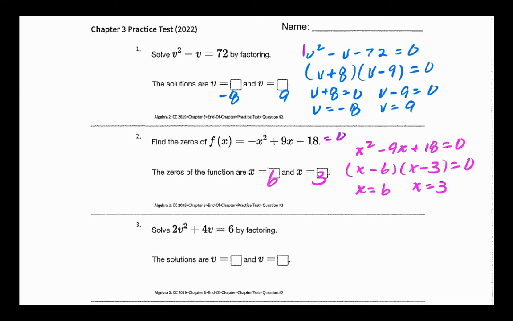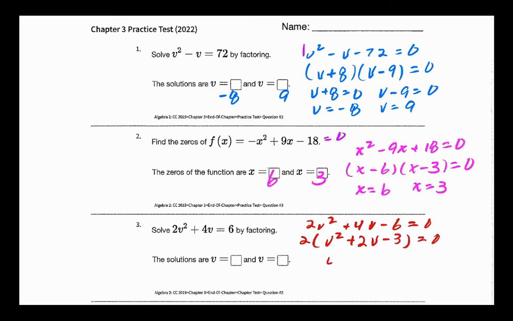On the next one here, we have 2v squared plus 4v. And let's move the 6 over and set it equal to 0. And again, on this one here, it'd be easier to factor out a 2. So when I factor out a 2, I'll have v squared plus 2v minus 3 is equal to 0.